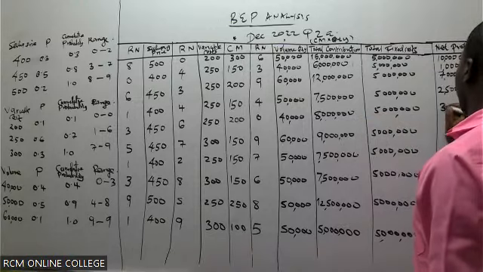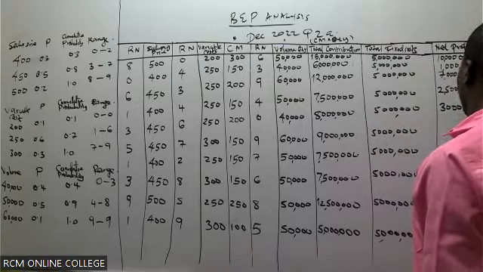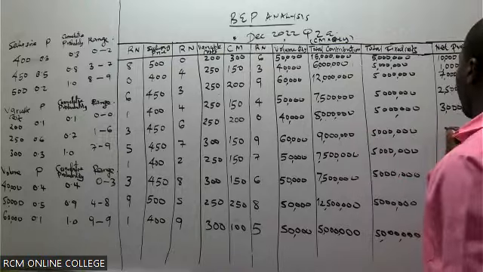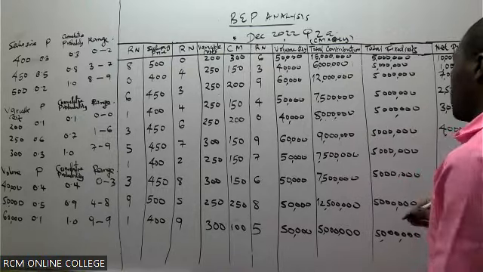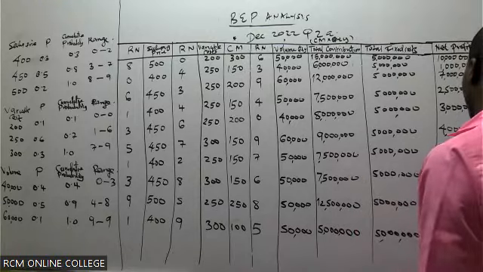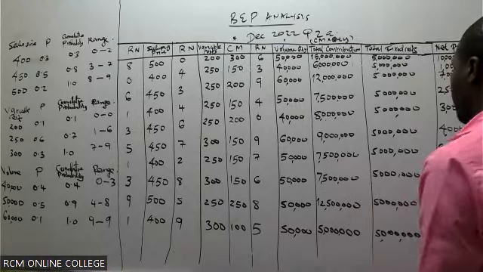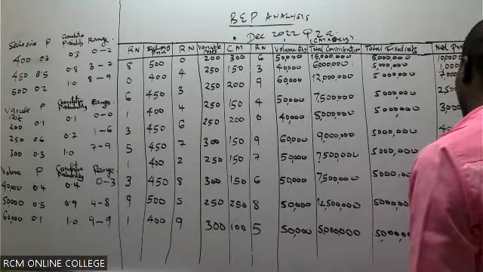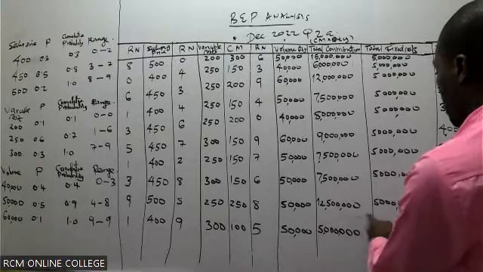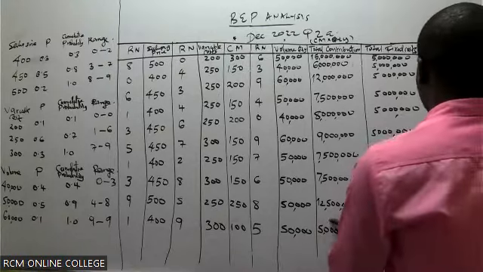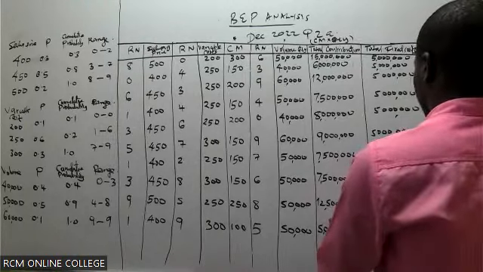Here we have 3 million. Here we have 4 million. Here we have 2.5. Here we have 2.5. Here we have 7,500,000. Is it?